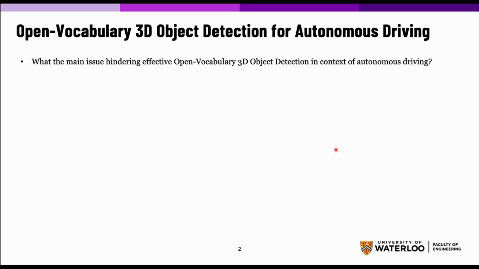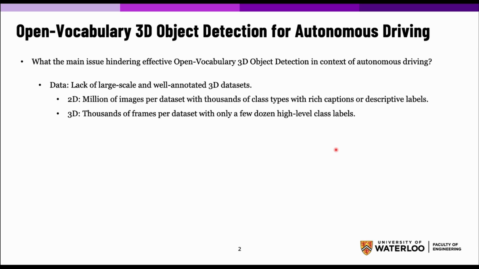Now, even though I said that a lot of this transfer from the 2D domain to the 3D domain is the same, there's one main issue that hinders this. The main problem is data, in fact. In 2D, we know that there's large scale data, and we have access to a lot of different classes, and we can learn a very good general representation in our object detectors. But in the 3D case, we have limited data.